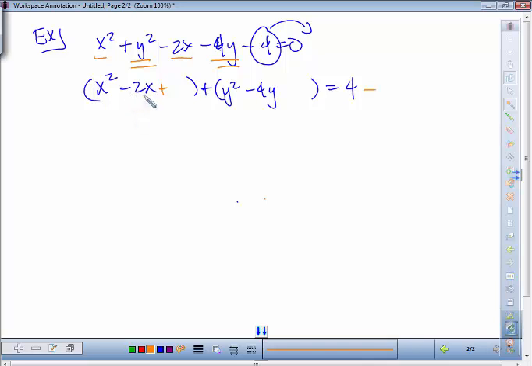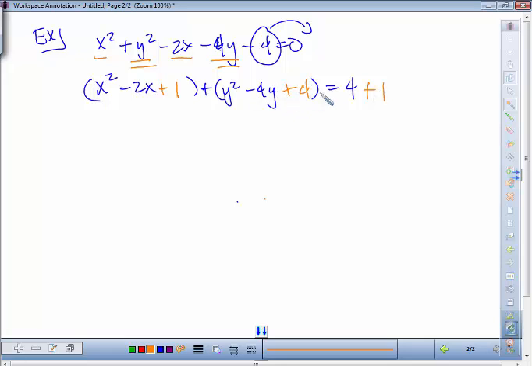Within here, I take the middle term, which is 2, not the x, just the 2. You take 2, divide it by 2, and then square it. So that's 1. I added a 1 in here, so since this is balancing the equation, I want to add the same 1 on the other side.